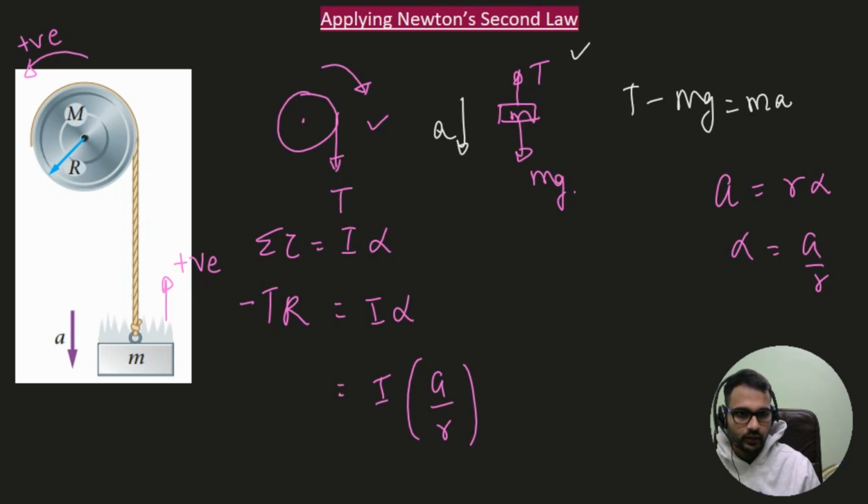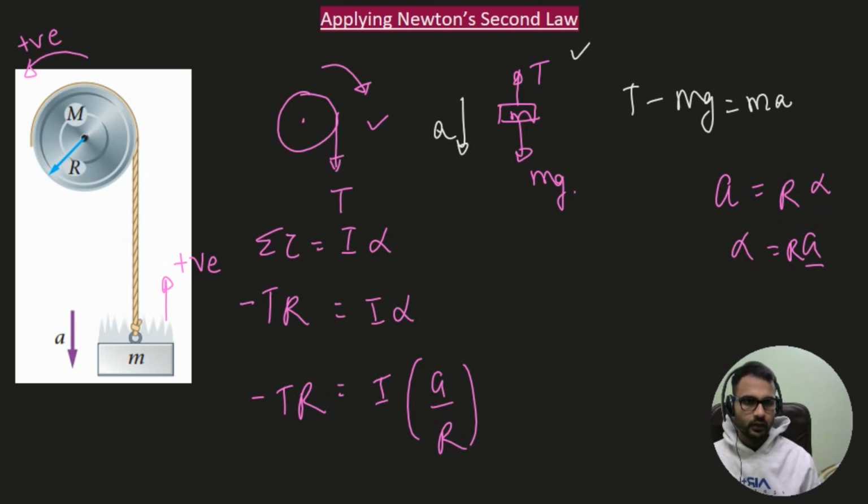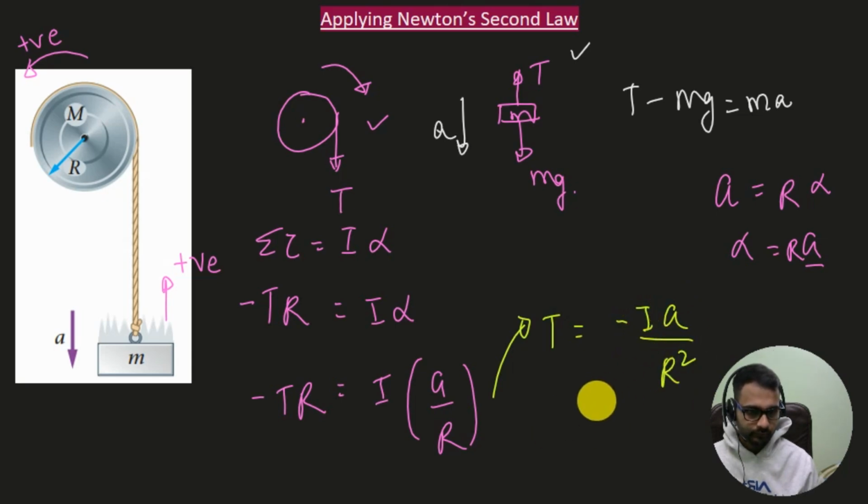So this is minus T into R, and from here we can write that T will be equal to minus I A over R square, right?